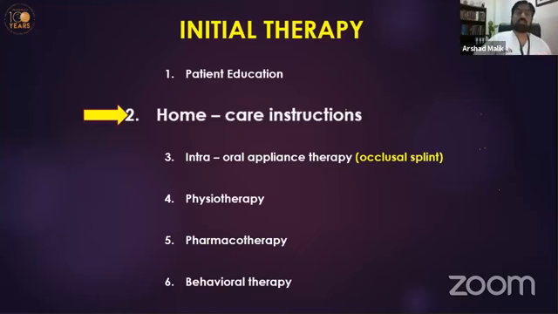Now, second and the most important thing is home care instruction. This is so important that if you are able to give the home instruction, it means you are capable of giving a real remedy to your patient.